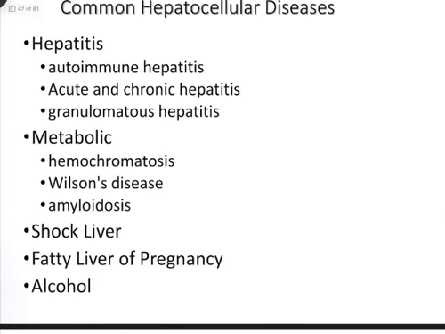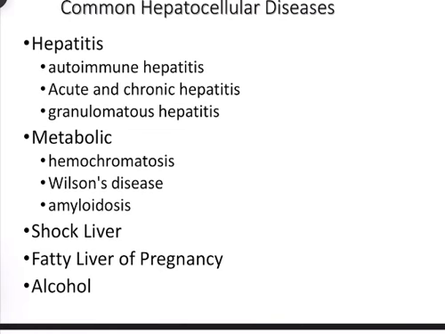The common hepatocellular disease can be seen as hepatitis. Your hepatitis can be associated with autoimmune, acute or chronic hepatitis, or even glomerulonephritis hepatitis. With the metabolic, you have hemochromatosis, Wilson disease, and amyloidosis relating to hepatocellular.